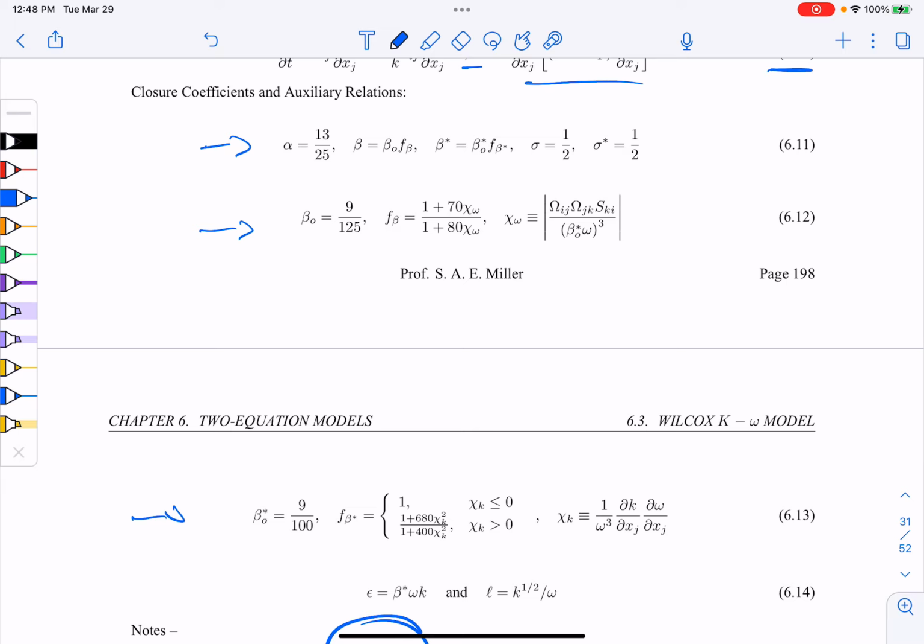And I can tell you what's wonderful about this model, inspired by Andrei Kolmogorov's view of homogeneous isotropic turbulence and the theory of boundary layers, is that we don't really need too many experiments whatsoever to come up with these closure coefficients.